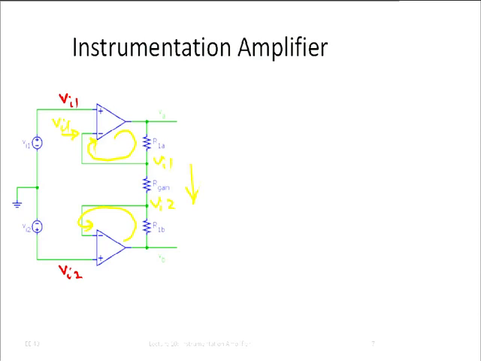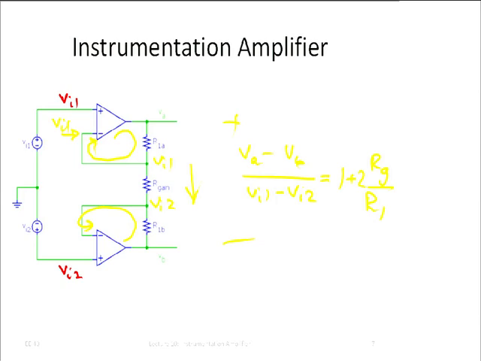And if we then solve, what we get is VA minus VB over VI1 minus VI2, that is equal to 1 plus 2 R gain over R1. R1A and R1B are equal to R1. Okay?